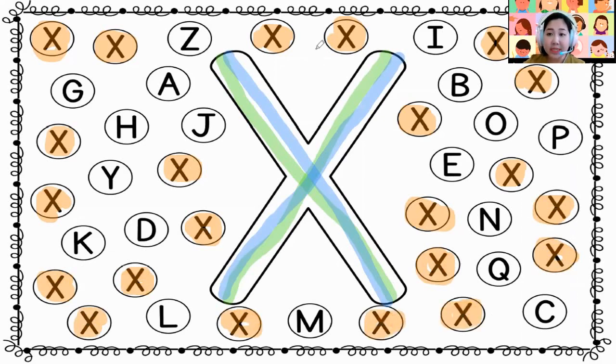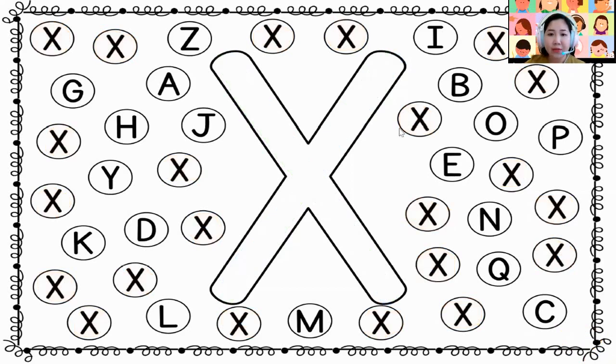How many was that? Yes, 22. And 22 is the number 2 and the number 2 together. So 2 and 2 makes 22.